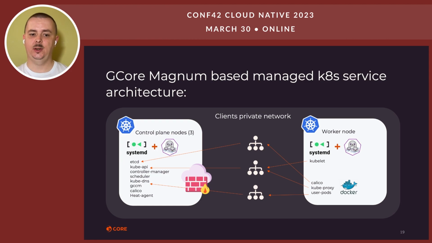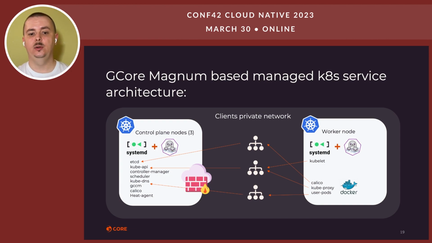etcd, kube DNS, and controller and kube API have their ports exposed outside of these virtual machines, and we have load balancers. So there's 3 virtual machines, 3 etcd replicas, 3 kube APIs, and we have cloud load balancers to hide all these replicas behind the load balancers.